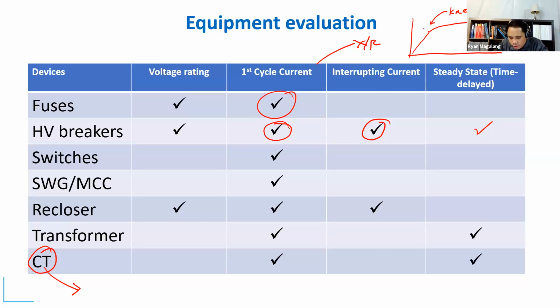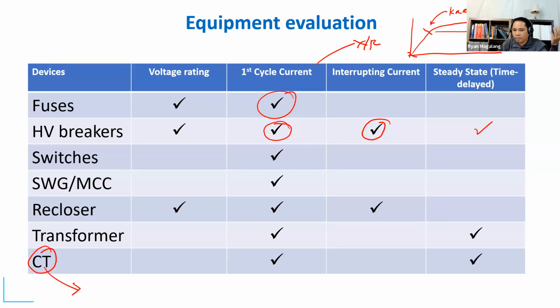When we say linearly, this is your region that behaves linearly, meaning the magnitude that it sees on the primary, it gives the equivalent transformation on the secondary. But past this part, you can see here that an increase in the current in the primary does not result in an equivalent increase in current in the secondary.